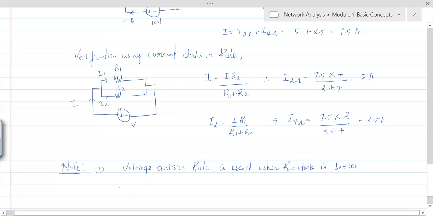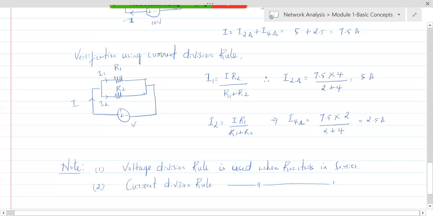Everybody is okay with that? What is the second thing that you have seen? Current division rule. Current division rule is used when resistors are in parallel. So this is what we have learned.